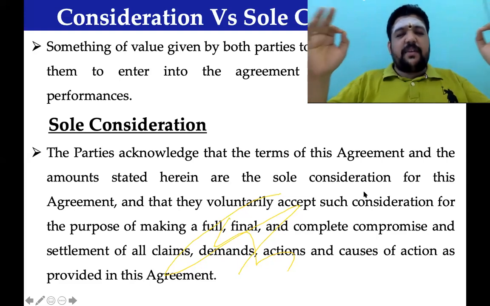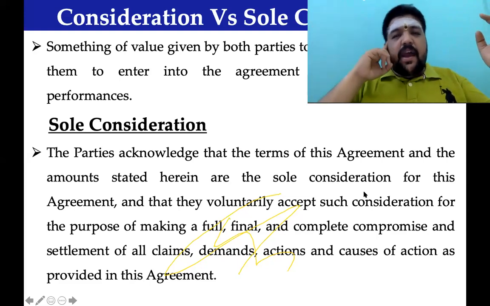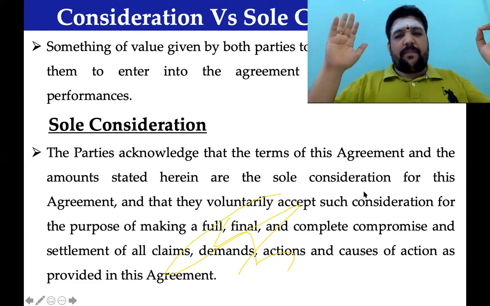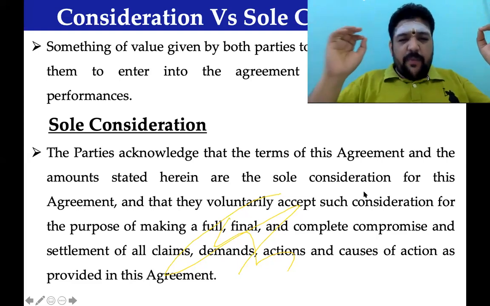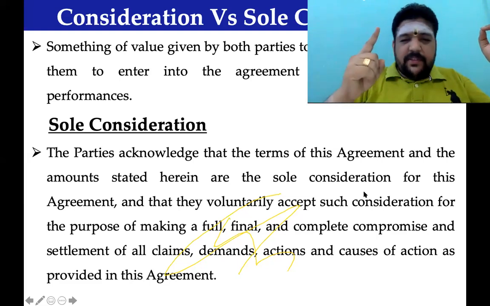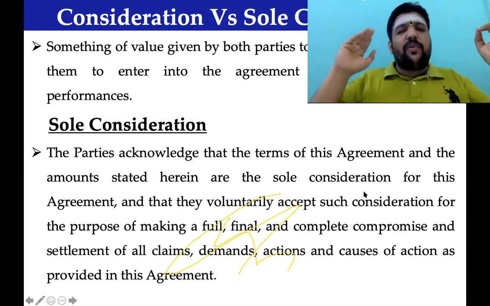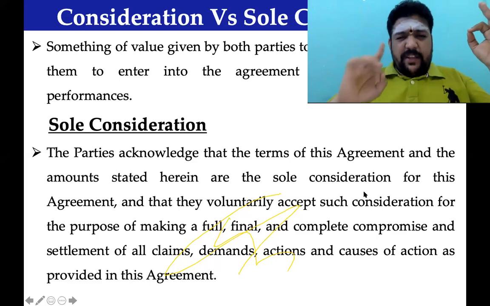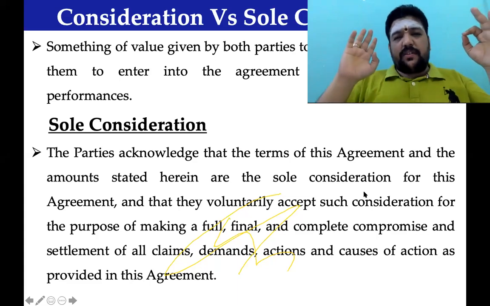Can both be accepted as a sole consideration? Answer would be a very simple yes. Let me repeat. Answer would be a very simple yes. It can be. Sir, if somebody accepts for 1 rupee, yes, accepted as a sole consideration. Just a rupee is accepted as a sole consideration.